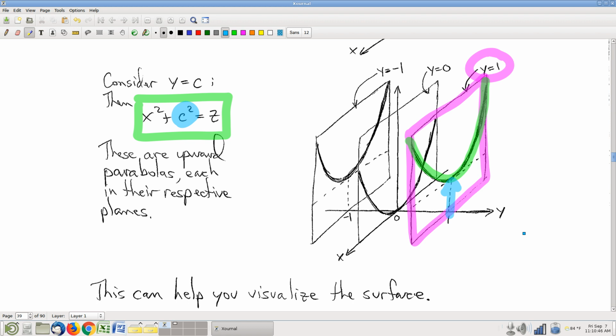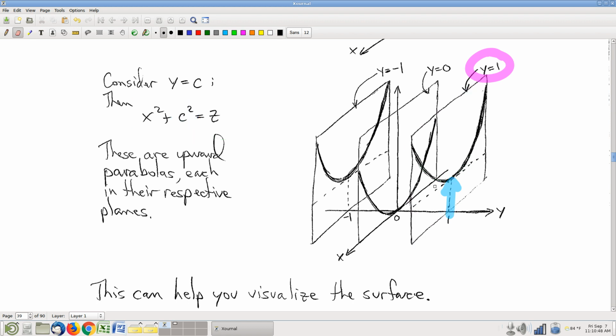Applying this to a bunch of different cases, this is sort of an upward shifted cross section. If y were 0, there's no upward shift at all. 0 squared is 0. If you're at y equals -1, well, c squared up, right? It's positive 1. And you get a bunch of different cross sections.